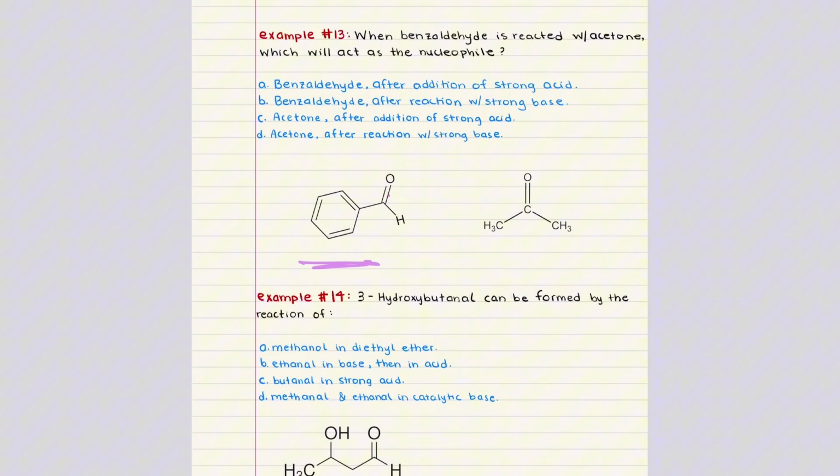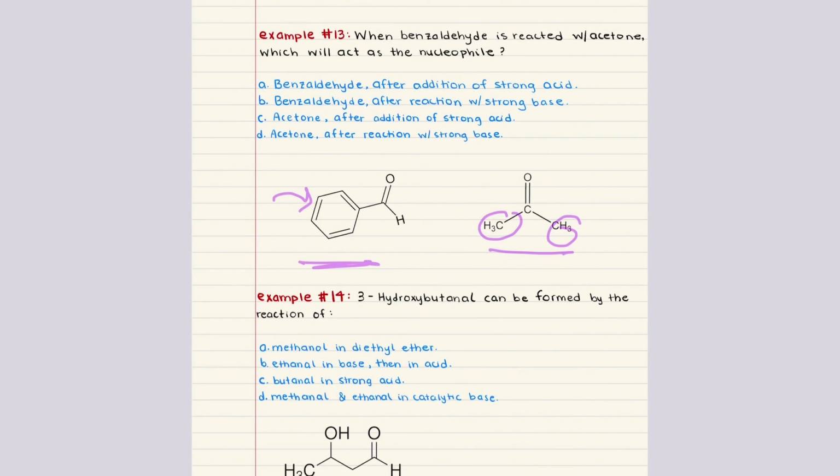Benzaldehyde is an aldehyde attached to an aromatic ring, and acetone is a ketone with two methyl groups on either side of the carbonyl. This structural difference is key to answering this question. Under basic conditions, the most important factor in determining nucleophilicity is whether a compound has alpha hydrogens.